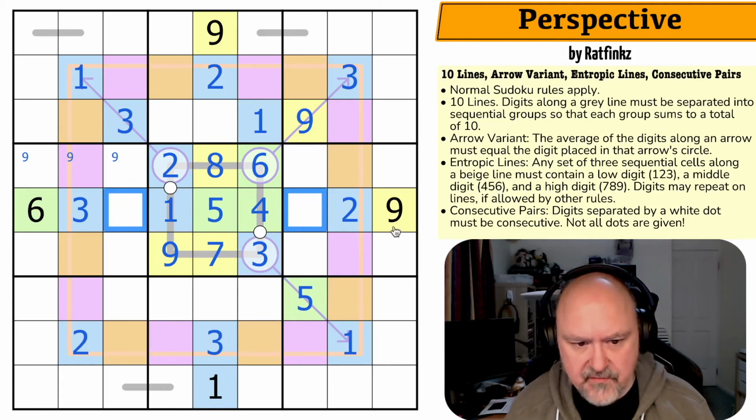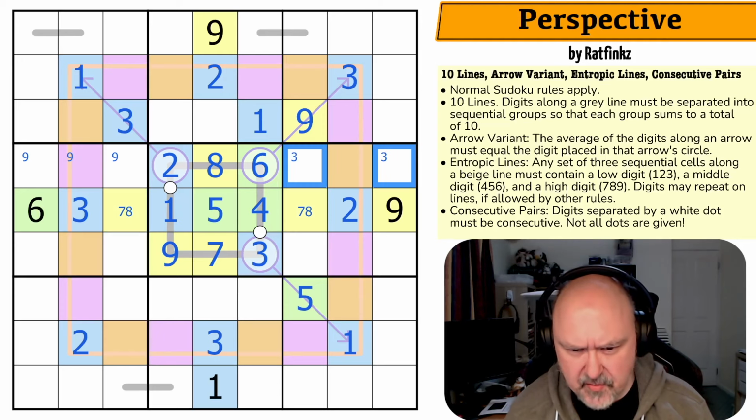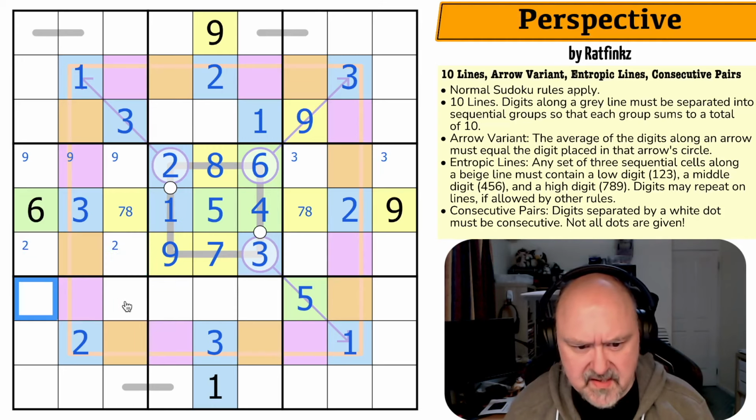Because I've got 1, 2, 3, 4, 5, 6. These are a 7, 8 pair. Three is in one of those two. 2 is in one of those two. 1 is in one of those two because it can't be here.